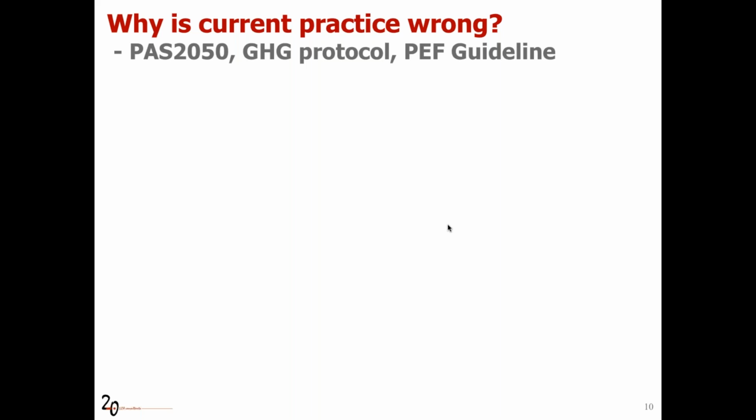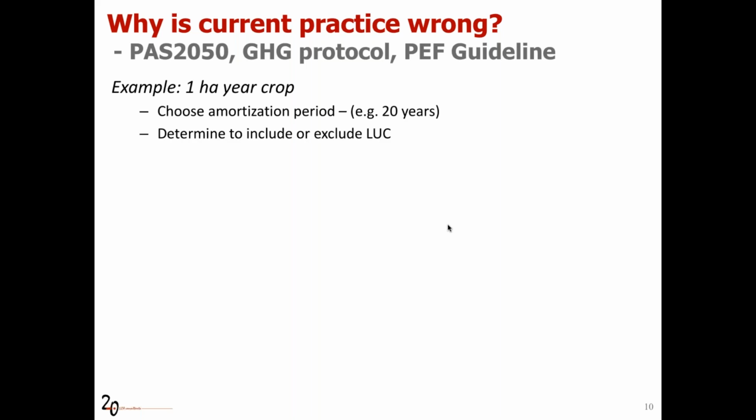So first of all, the current practices are what PAS 2050, the Greenhouse Gas Protocol and the PEF guidelines do. What they basically do is, if you want to know the land use change effect of the occupation of 1 hectare of land for 1 year for crop production, first of all, they choose an amortization period. Let's say 20 years, it's probably the most common. Then they determine whether the land use change is included or excluded.